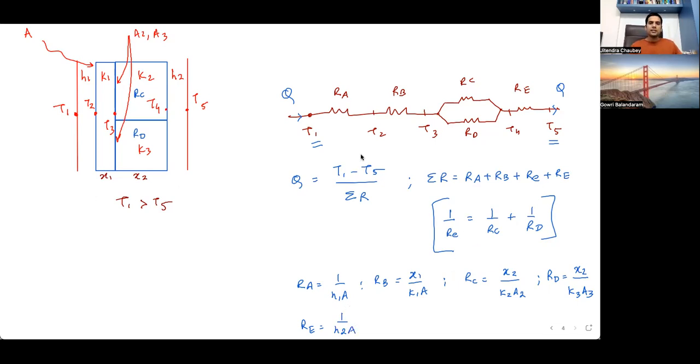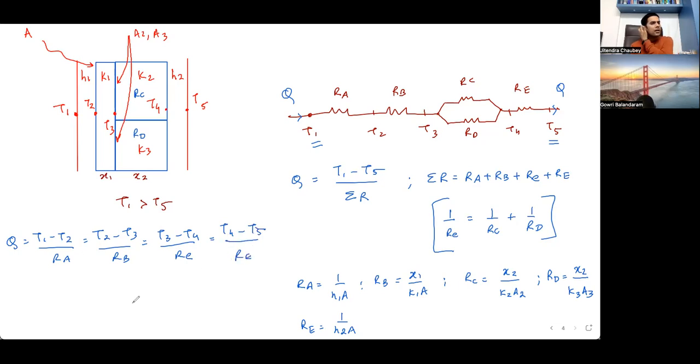This we have written in the form of extreme temperature difference. You can also write them in the form of individual temperature differences. Q can also be written as T1 minus T2 upon RA, as T2 minus T3 upon RB, as T3 minus T4 upon R equivalent, and as T4 minus T5 upon capital RE.